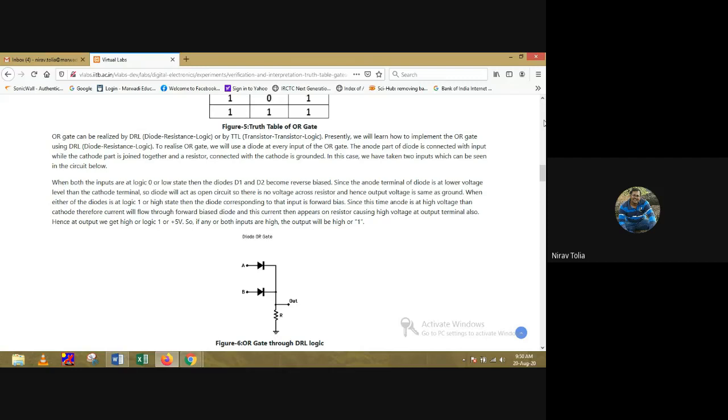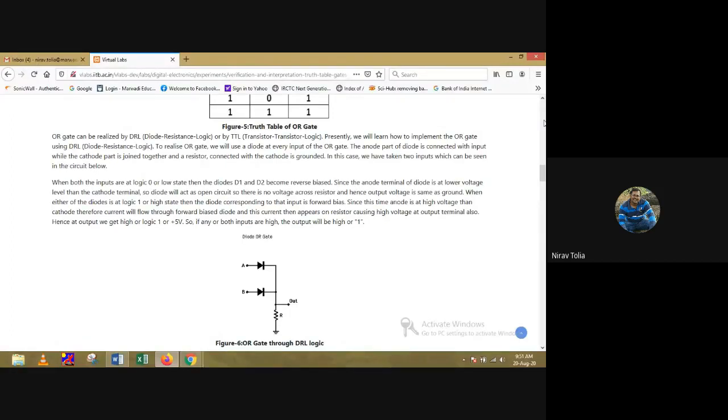Suppose we are giving A as 1. So my diode 1 will be forward biased and it gives you the output. So if any one diode gets 1, then we are getting the output 1. If we are not giving any input to the diodes, both diodes D1 and D2 become reverse biased, so it will not work.